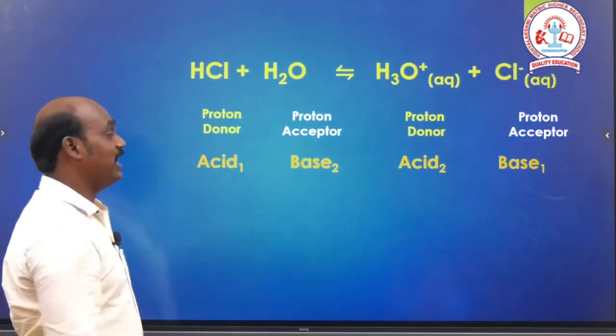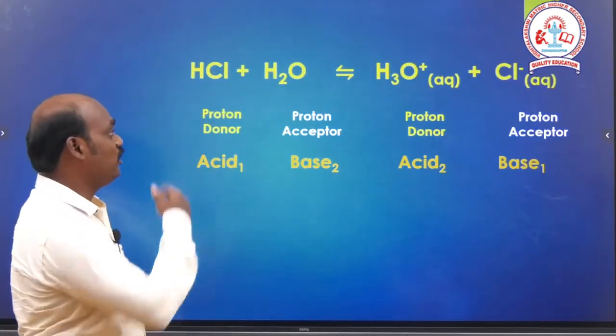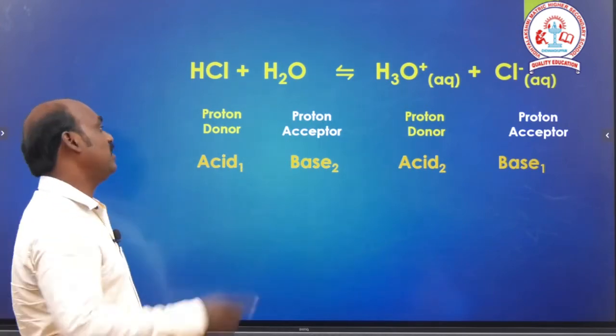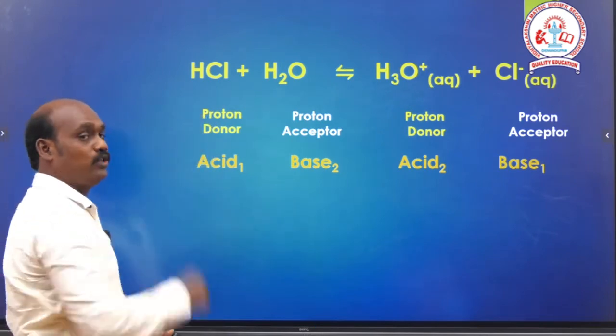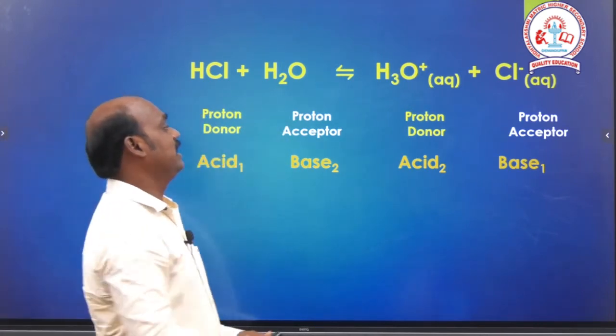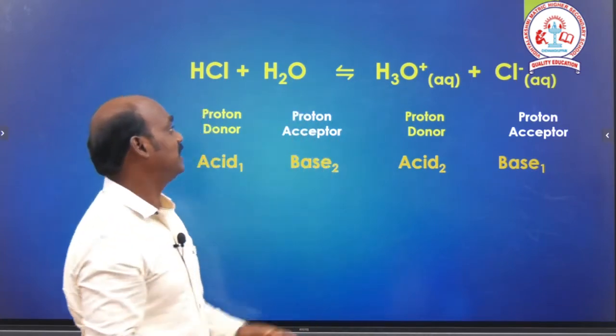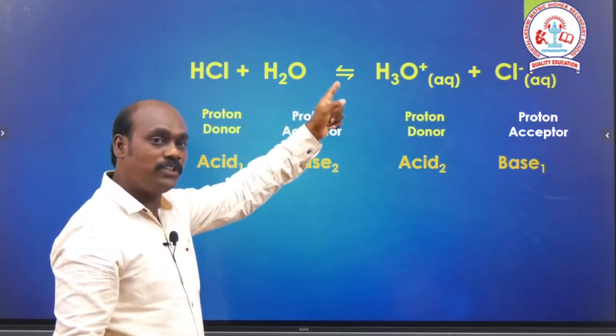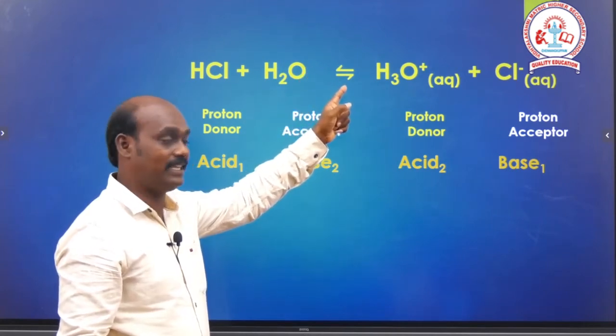Let us take hydrochloric acid dissolved in water, which produces H3O+ and Cl- ions. Already I told, HCl is a proton donor, water is a proton acceptor. Here see the equilibrium symbol, which means both forward and backward reactions are taking place.